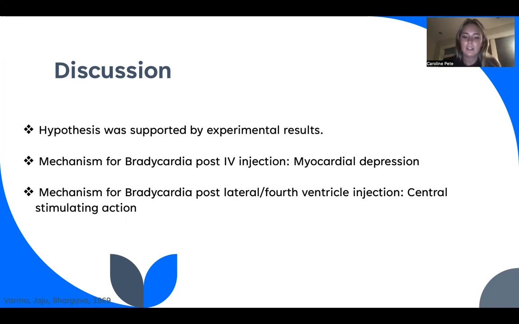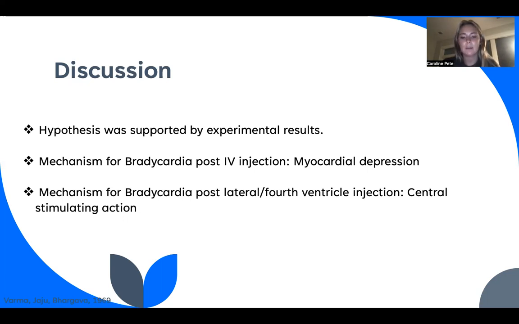Vagal inhibition contributed to a decrease in 18 beats per minute, and arterial blood pressure contributed to the 12 beats per minute.